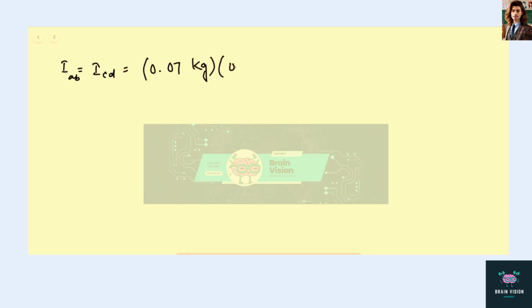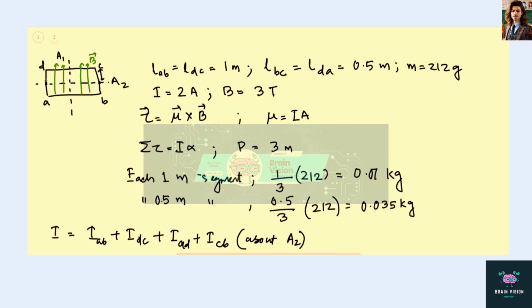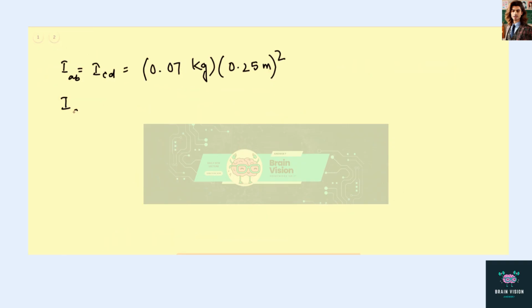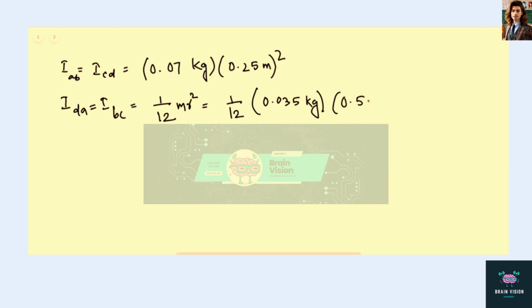We plug those values in here. The moment of inertia is mr square. The moment of inertia of BA and CB, both equal, is 1 over 12 mr square, which is 1 over 12 times 0.35 kg times 0.5 meter squared.